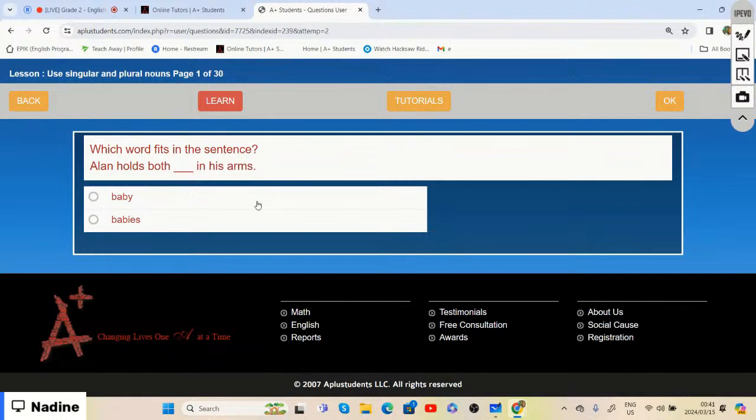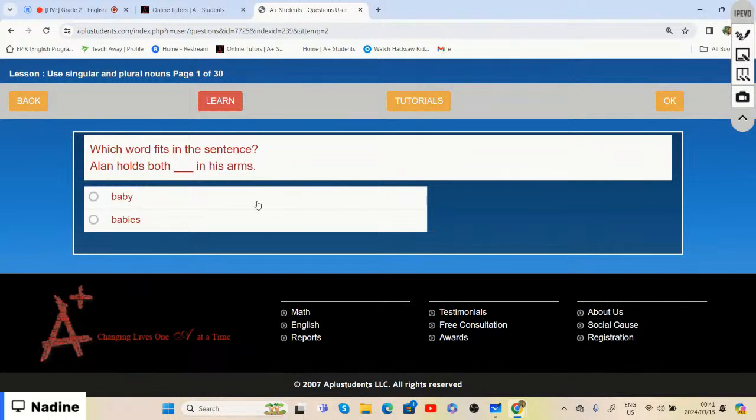All right. So if we, for example, choose the correct noun that fits in the sentence, yes, then we will say Ellen holds both babies. So well done. Babies is correct.